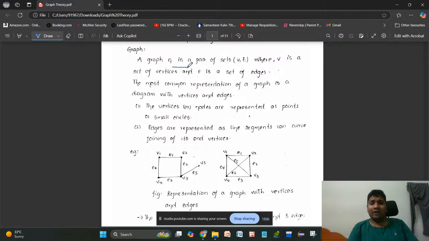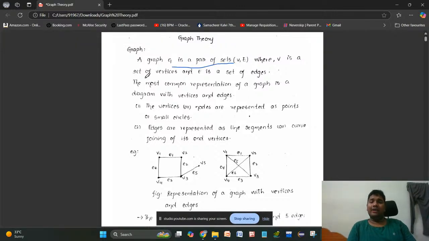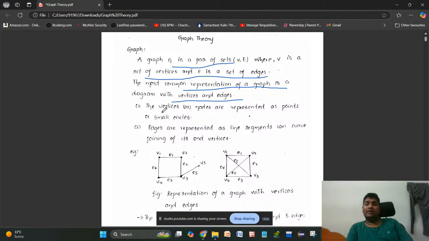G is a pair of sets (V, E), where V is a set of vertices and E is a set of edges. The most common representation of a graph is a diagram with the vertices and edges. The vertices or nodes are represented as points or small circles. Edges are represented as line segments or curves joining two vertices.